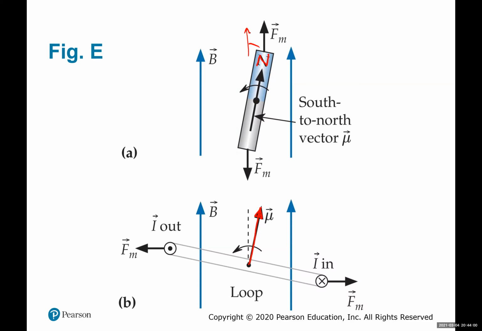That torque is exactly the same torque that we were just talking about. Which means we can represent the fact that this bar magnet, this compass needle, torques with its own magnetic dipole moment vector mu, which is drawn from south to north inside the magnet, which is backwards.